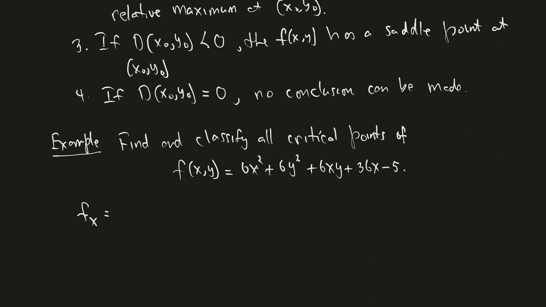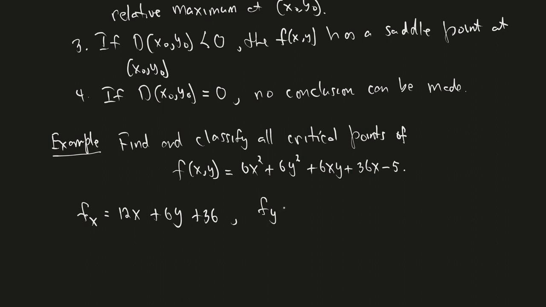In this case, we're going to end up with 12x. This term is a constant, so its derivative is 0. Again, we're treating the y as a constant, so when I differentiate 6xy, I'm going to get plus 6y, and then differentiating this with respect to x gives me 36, right? So that's our first partial with respect to x.